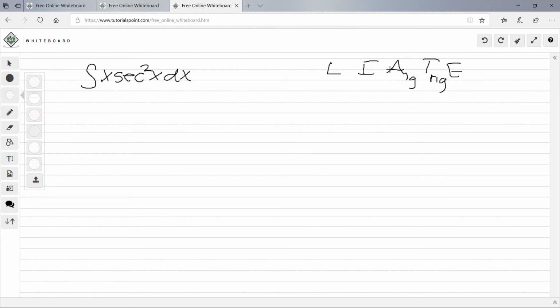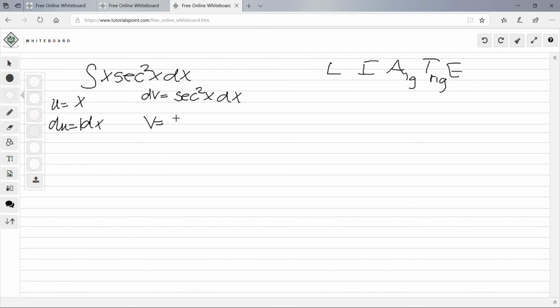So our u is going to be x. Take the derivative of that, it's just dx, or 1 dx, it's the same thing. And then our dv is secant squared x dx.